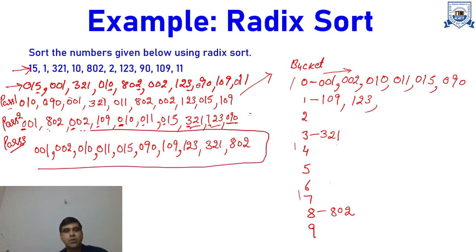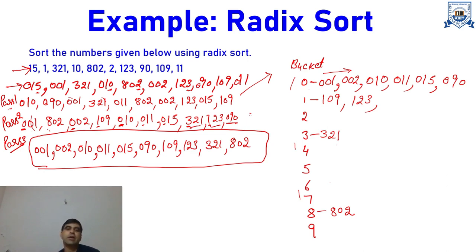Now if you see, after the third pass this sequence is sorted. See, it is in increasing order: 1, 2, 10, 11, 15, 90, 109, 123, 321, and 802. So it is now sorted. In this case, 3 passes are required. Why 3 passes?